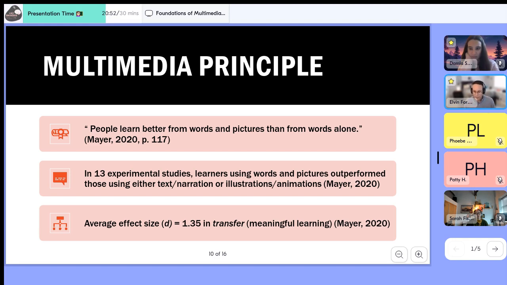He says the effect size deals with transfer, as in people learning with multimedia are able to use those concepts in different situations, which I think is humongous. This may seem obvious to you, but it's something that had to be proved, and I would say it's proved relatively well.